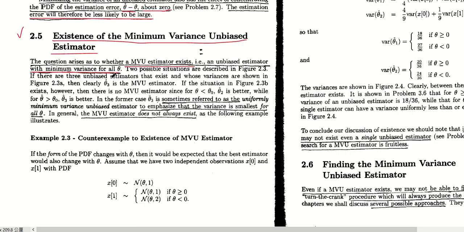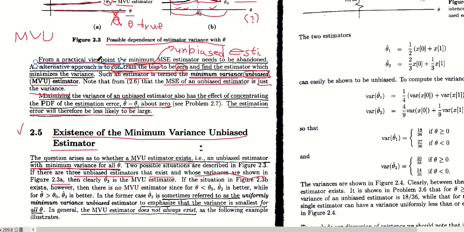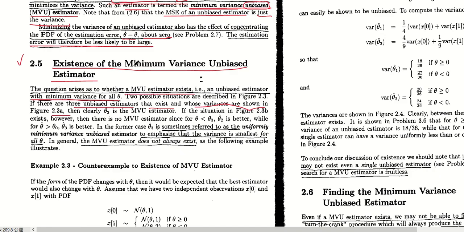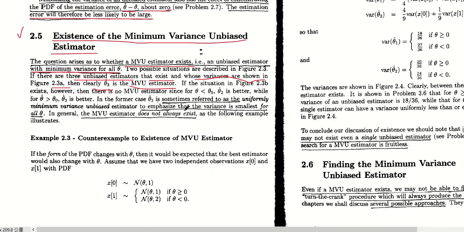If there are unbiased estimators that exist and variances are shown in A, which is this one, then we say that theta 3 is the MVU estimator.